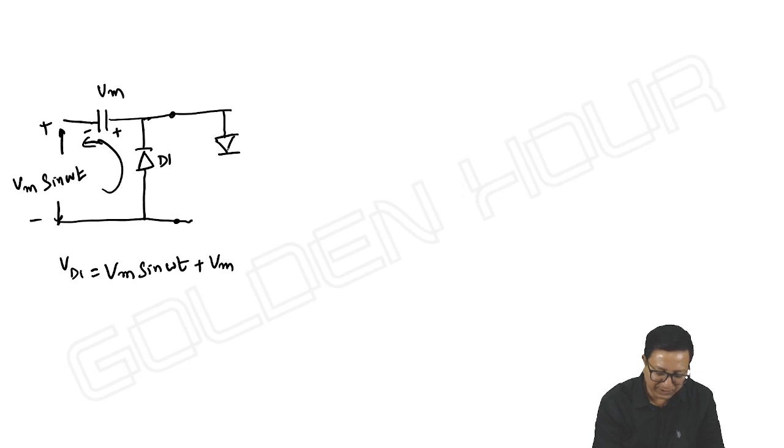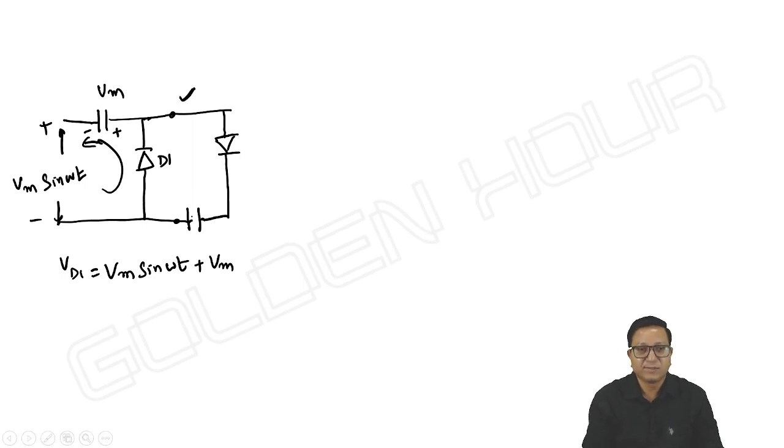First I am taking the diode, next the capacitor. That's it. Instead of taking the capacitor here, I am taking it here. So the D2 C2 combination acts like a negative clamper.